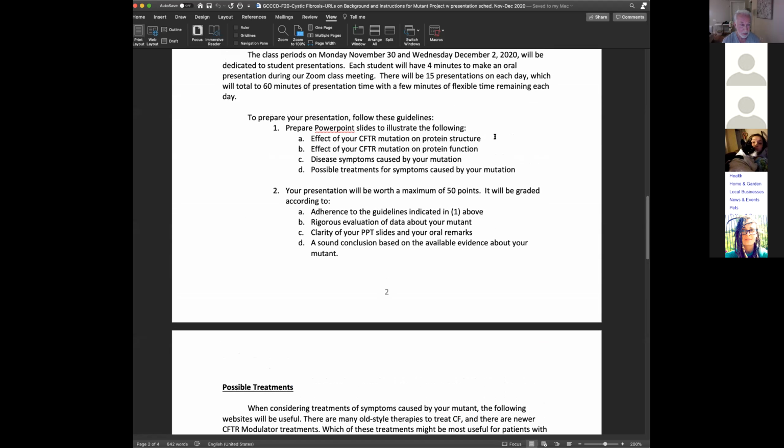What I want you to show is what that mutation does. If it's a deletion, what's missing? If it's a base substitution, what is the substitution? That's all I mean by that.